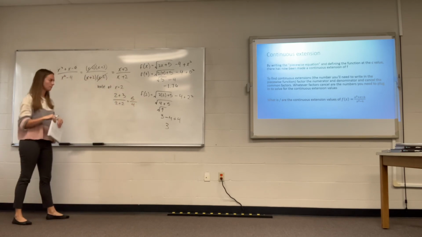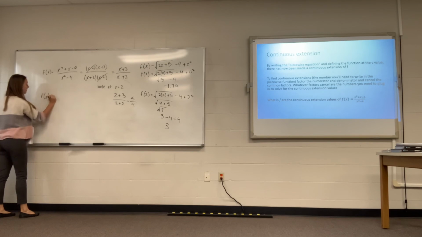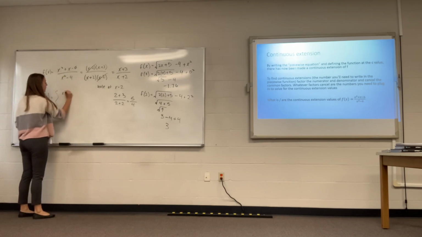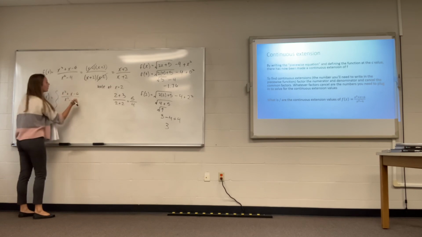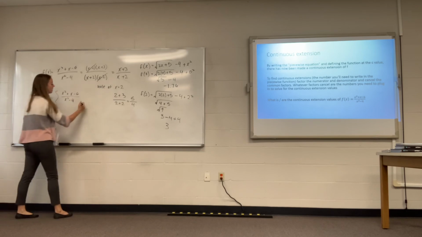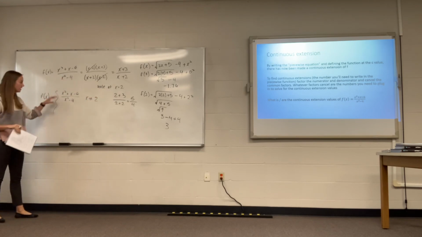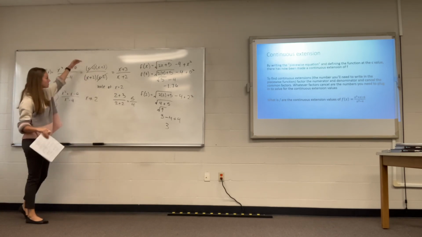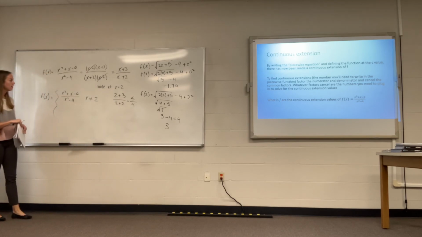Okay, so then to write my actual equation, I'd have f of x is equal to, I just write my equation, so x squared plus x minus 6 over x squared minus 4. And this is x can't equal 2. Because if I have this function, there's going to be a hole at 2, because that's where those canceled out. That's where my hole would be. Okay?